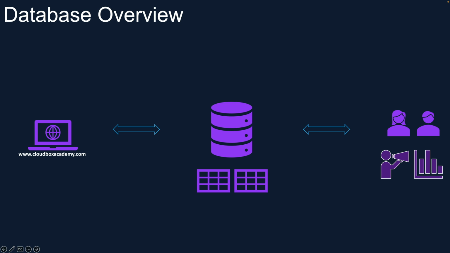But how do we access the data stored in a database table from a web application or as an individual user? That's where SQL comes in. SQL is a programming language specifically developed to interact with databases. But you might be wondering, how does a storage system such as a database understand a programming language such as SQL?